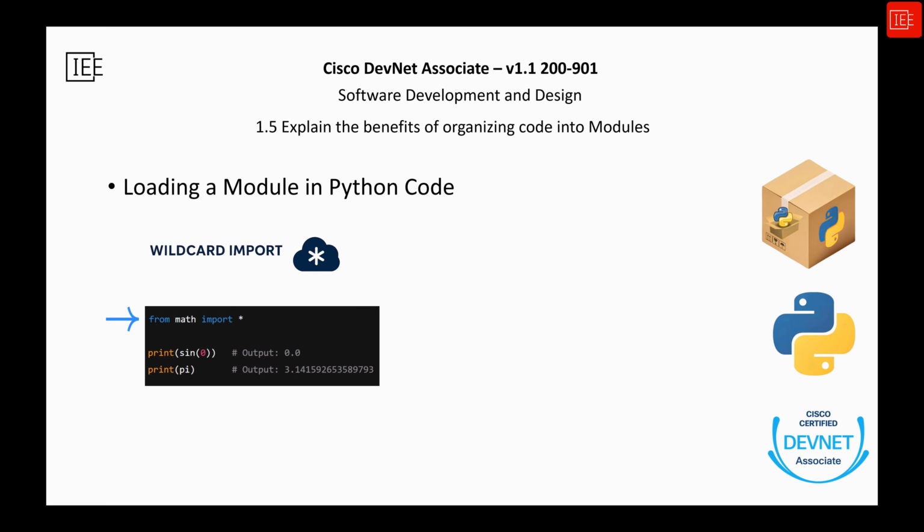While this can be handy in quick experiments or small scripts, it's generally not recommended for larger projects. The reason being is that it can clutter your namespace and even cause conflicts if different modules have functions or variables with the same name. So it's like dumping all your tools onto the table at once. It is convenient, but a little bit messy.